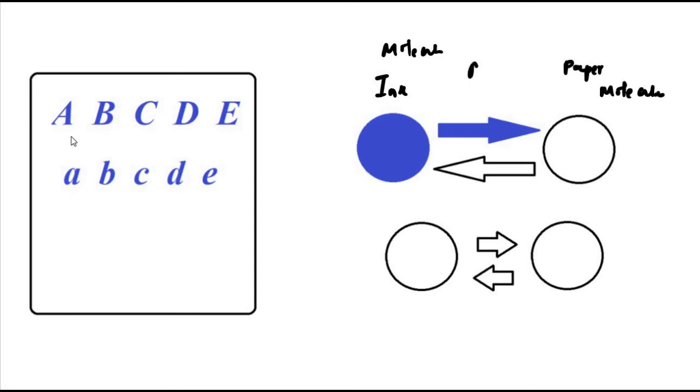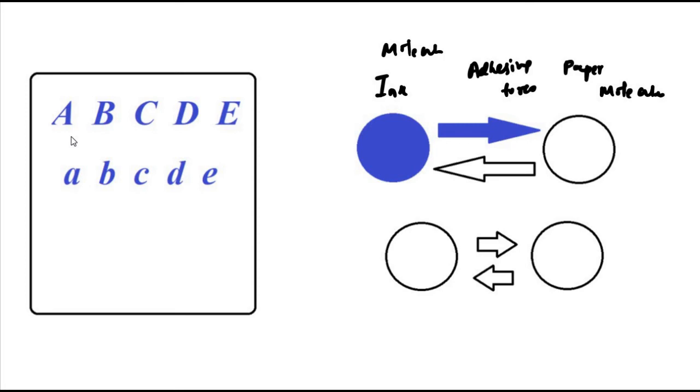Because this adhesive force is high, when we write on the paper, the ink retains the exact shape that we write or draw, whatever alphabet or picture or shape and size we draw on the paper.